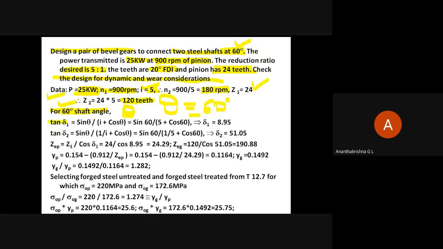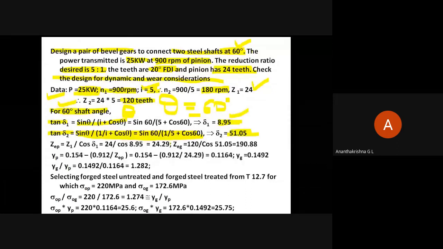Calculate delta 1 and delta 2 using the equation tan delta 1 = sin theta by (I plus cos theta), which will give you delta 1 as 8.95. So directly 60 minus 8.95, you get delta 2 as 51.05. Or you can use the equation and calculate delta 2 separately. It is better you calculate delta 1 and delta 2 using a calculator, so that any mistake in delta 1 can be caught at least in the delta 2 calculation.